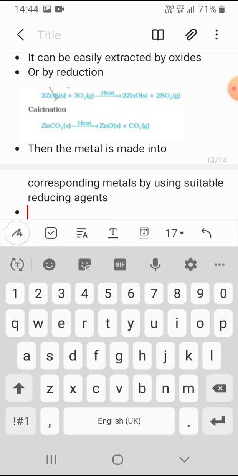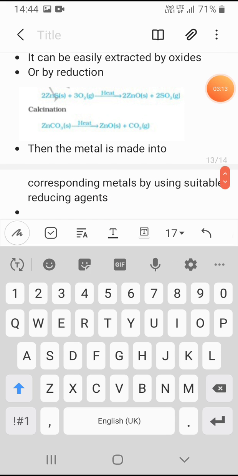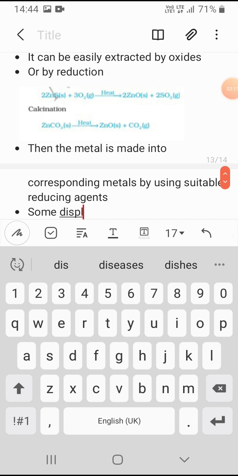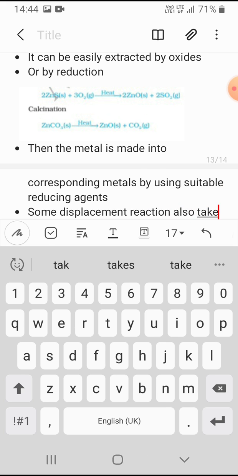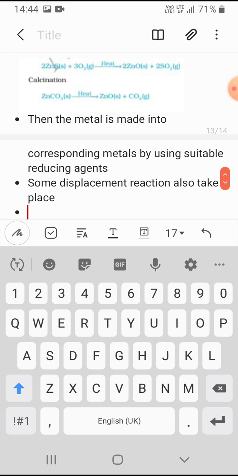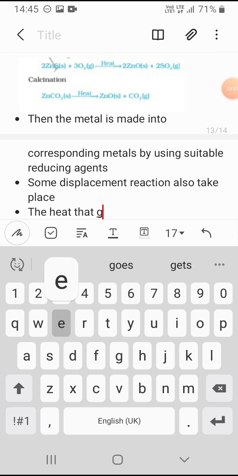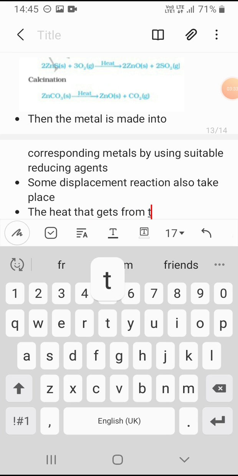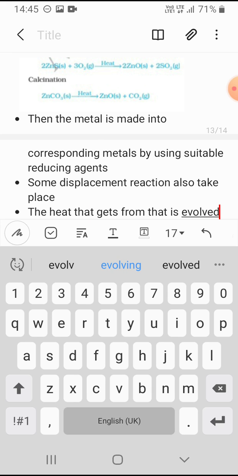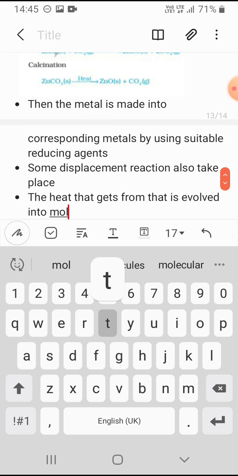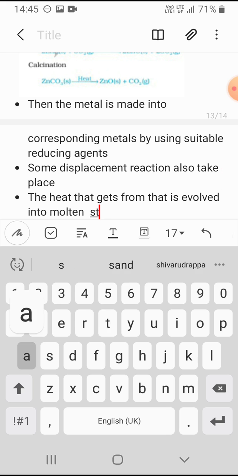Some displacement reactions also take place. The heat from displacement brings it to a molten state.